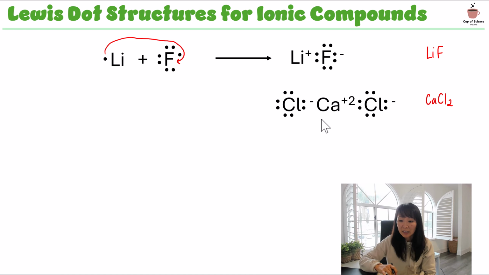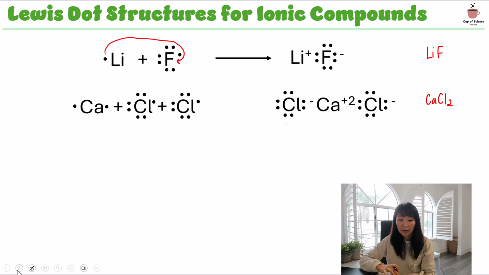Let's look at calcium and chlorine, for example. In the beginning, before it formed into an ionic compound, calcium by itself in neutrality has 2 valence electrons, and chlorine has 7. You should see that there are 2 chlorines.